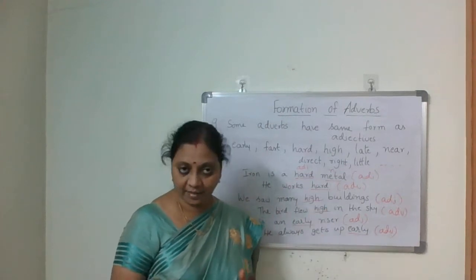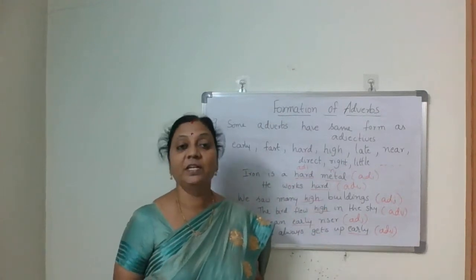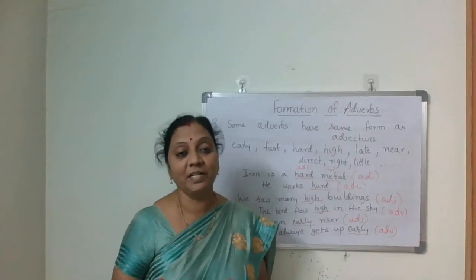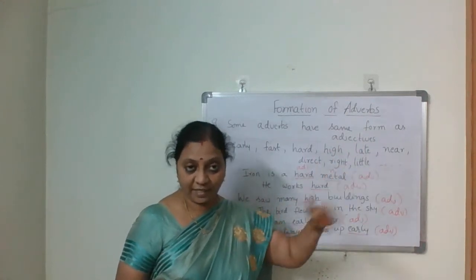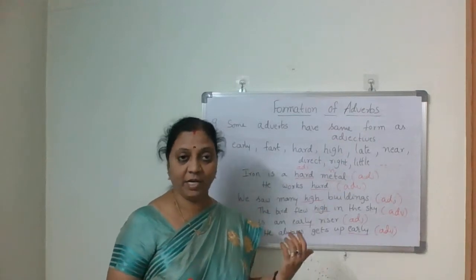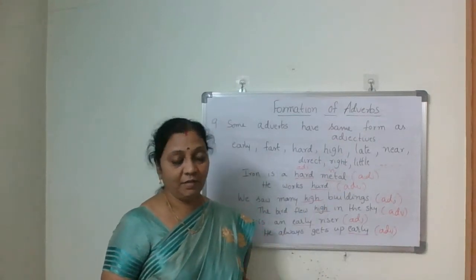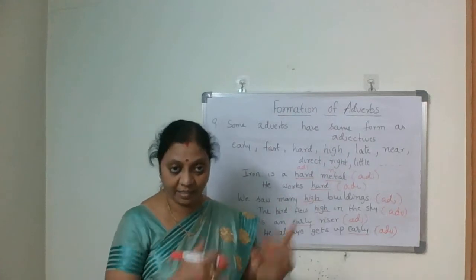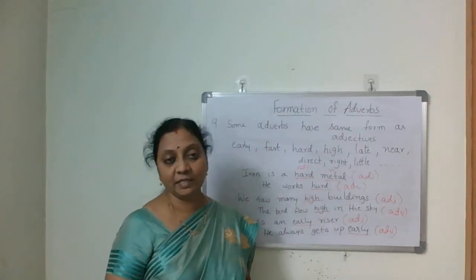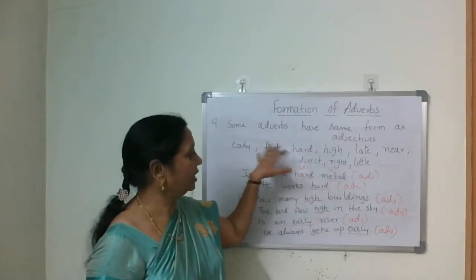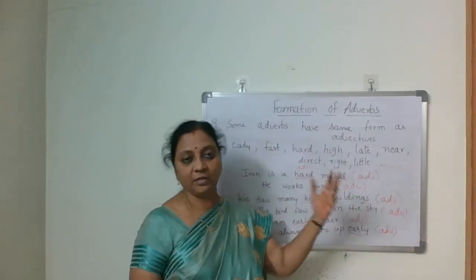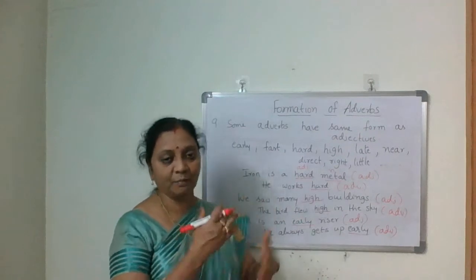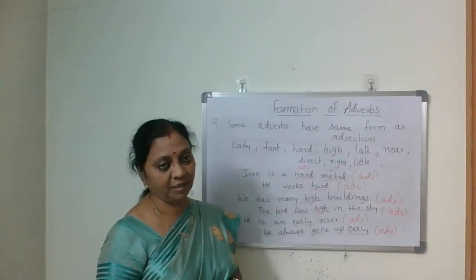It is a direct train, from here to there. Train is a noun, so direct becomes an adjective, whereas he came here direct is an adverb. Like that, we can use these words, and there are some more words also. You just find out and try to give examples so that you can understand better.